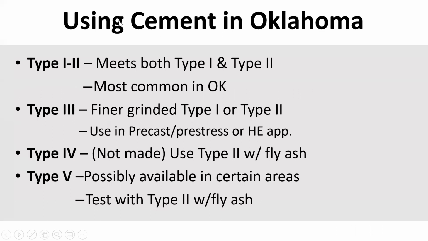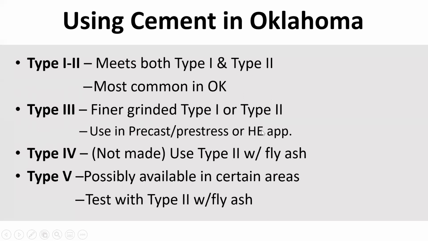In Oklahoma, most of the cements are going to be a type 1-2, meaning it meets the requirements of both a type 1 and a type 2. That's the most common in Oklahoma. There are a couple of plants that make a type 3 cement, so high early age cement. This is typically used in your precast and pre-stress facilities.